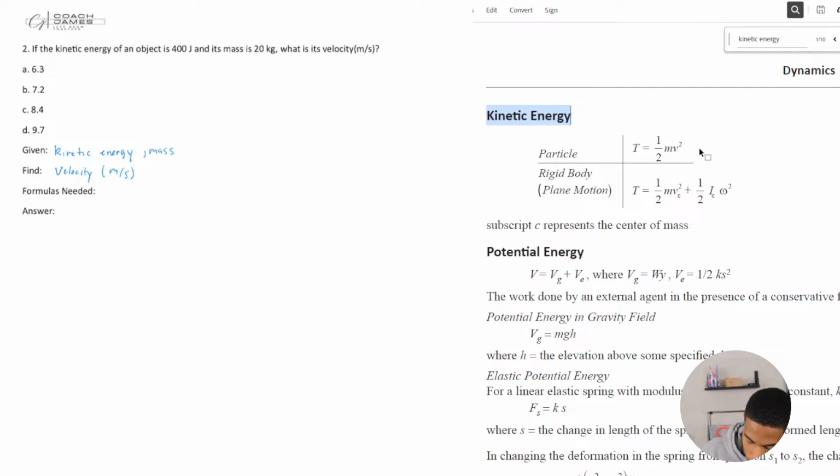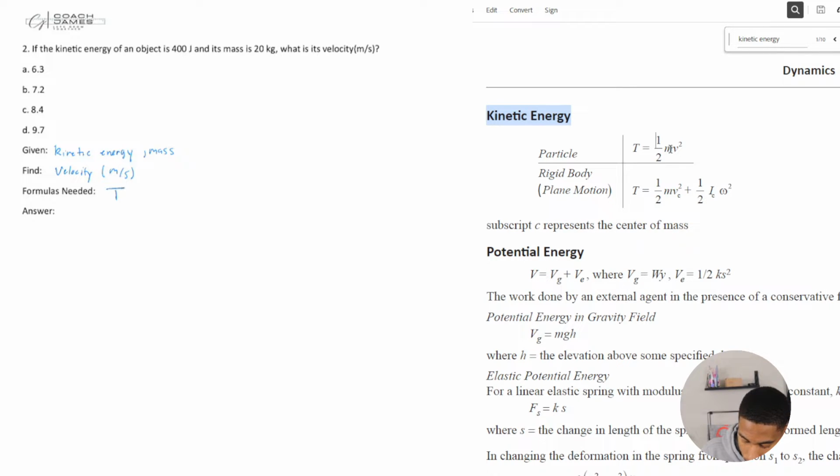All right, so I'm given T, which is kinetic energy. I'm also given mass, and the only other variable that's left in this equation is velocity, which I can solve for. So I know this is the equation that I would need to use.